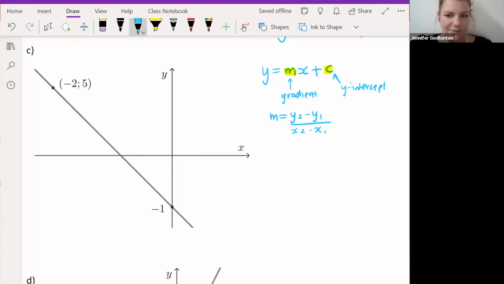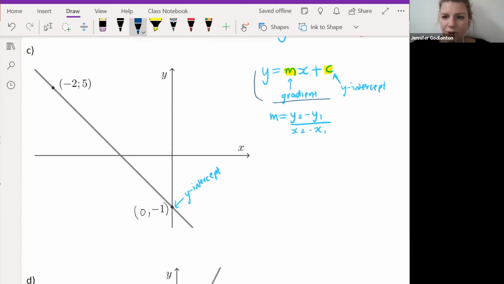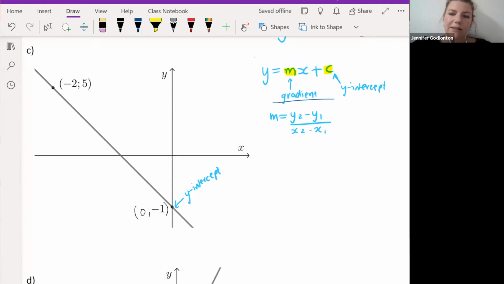So that's what we have to find. And the coordinates down here would be 0 and -1, because that is our y-intercept. Up here, this is our end goal. We want to be able to fill in y equals mx plus c. This equation will help you find m.